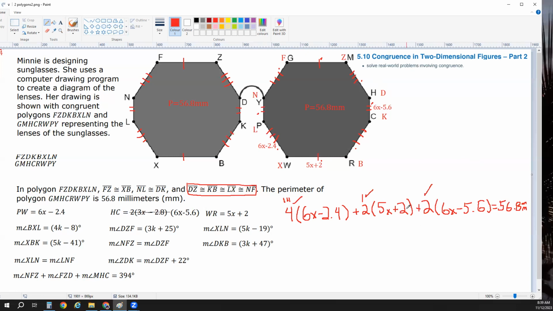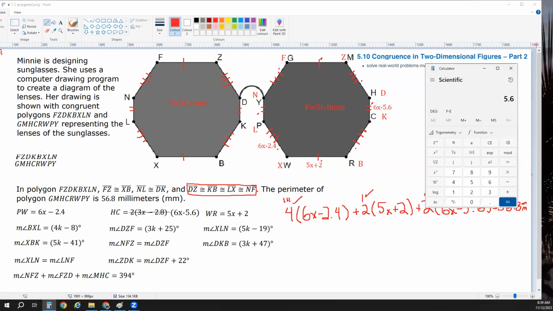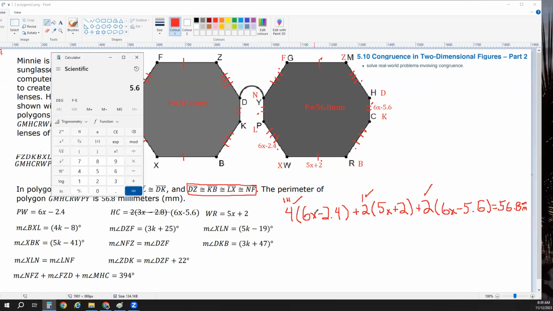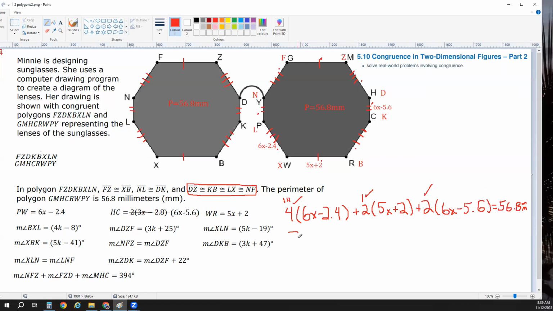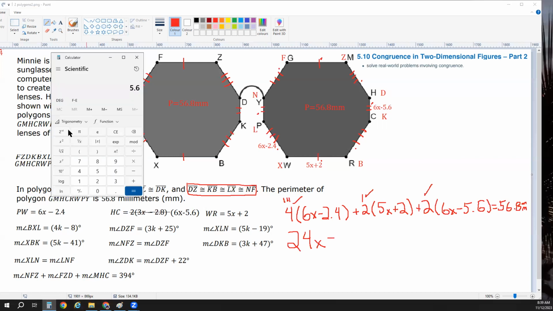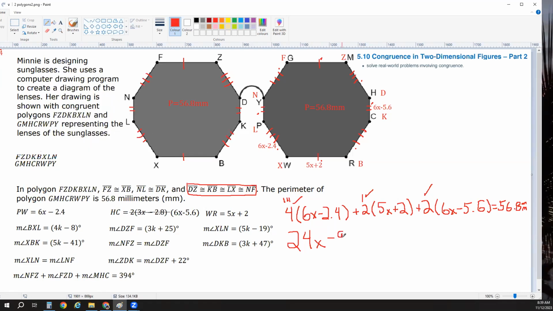So now I can just do some algebra here. Calculator to do some algebra. So 4 times 6 is 24x minus, this is what I'm going to need the calculator for. So I do 4 times 2.4, this is going to be minus 9.6.